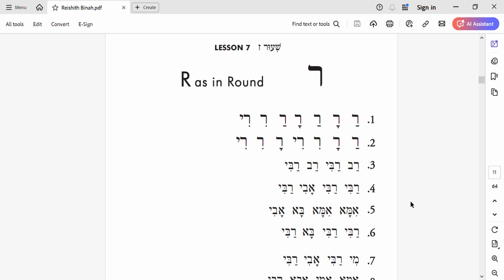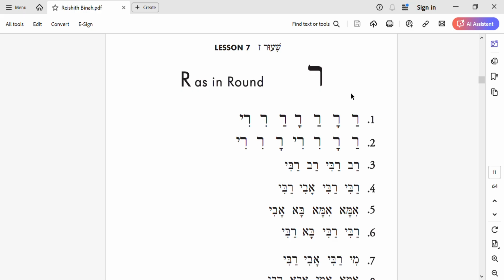Okay, lesson 7, it's the letter reish. This is reish. It makes the r sound. Well, not really the English R, because the English R kind of rolls a little bit, but the Hebrew reish is maybe a little softer.